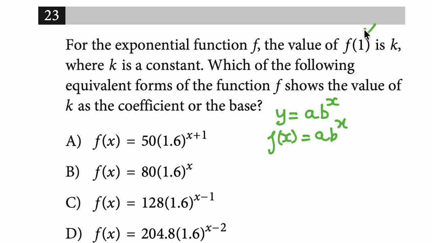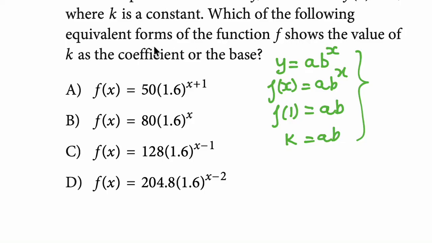Now the question is giving us the condition that input is 1. So that means f of 1 is equal to ab, and f of 1 is k, so k is equal to ab. Let's see if it's used in the question or not, but that was just the explanation of the exponential equation.